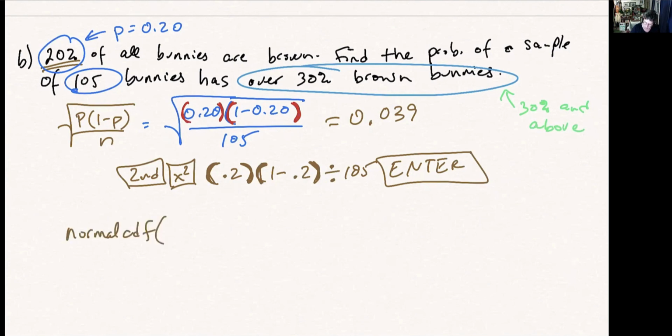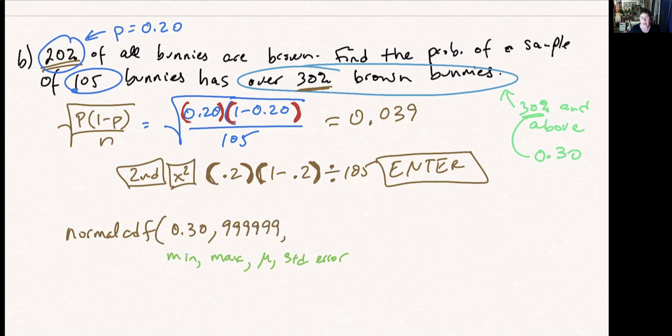And remember, we're looking at min, max, mean, and our standard error now. Our min is 0.3 because it's a percentage. We only talk in percentages, we never compute in percentages. So I have to switch that to 0.30.